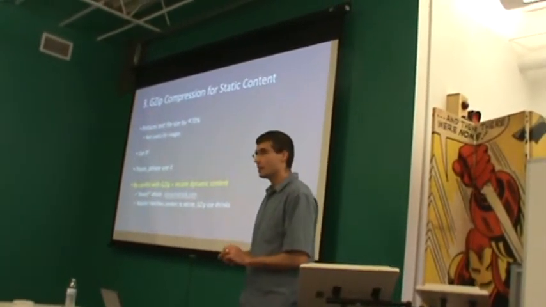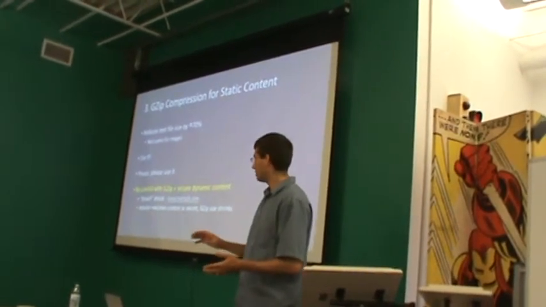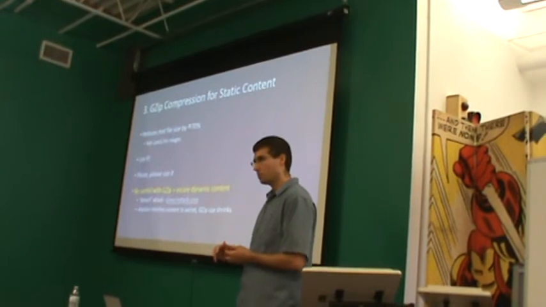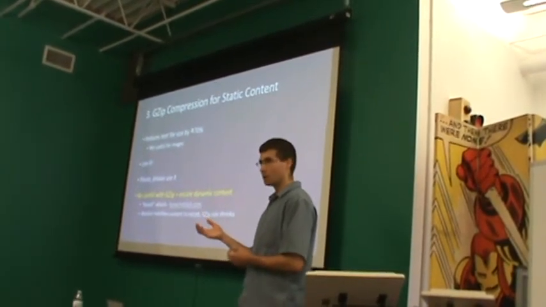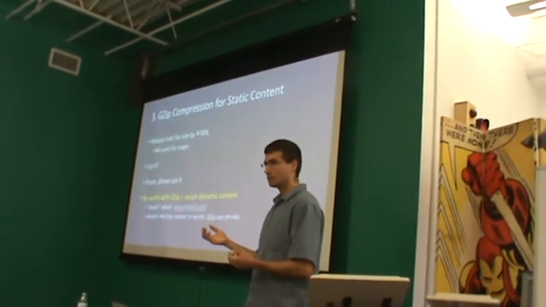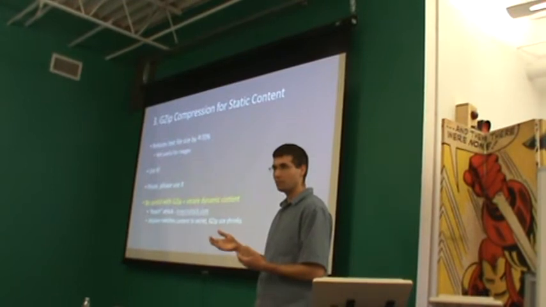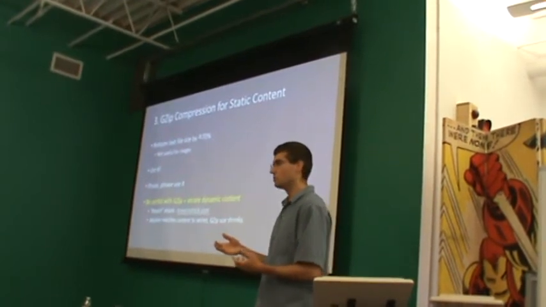If you have secure dynamic content on the page, you want to be careful with this. There's this thing called a BREACH attack, where somebody sets up a man in the middle proxy, and if you are gzipping secure content, they can manipulate requests to basically try and figure out some secret info on your page.